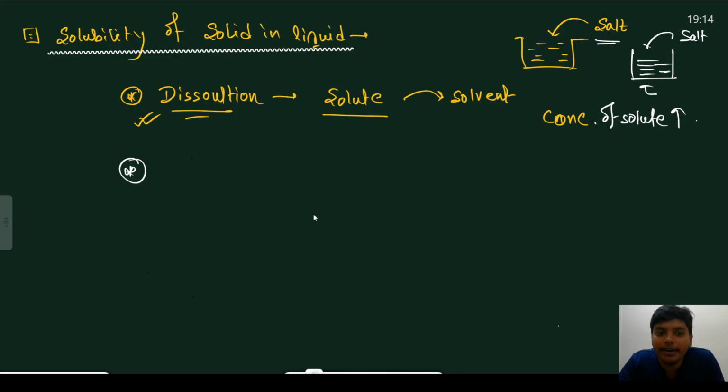Solute. If I add in solvent, that is called dissolution. When from solution, solute particles come outside, what is that called? Crystallization. Very good. So what is crystallization?